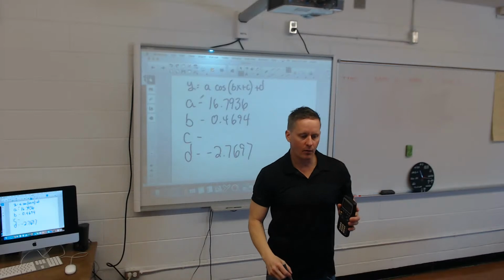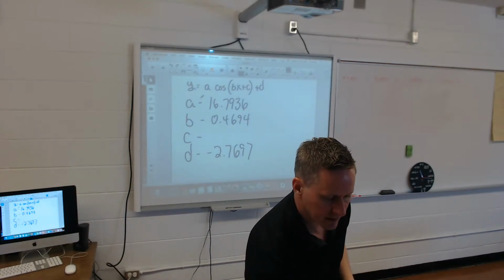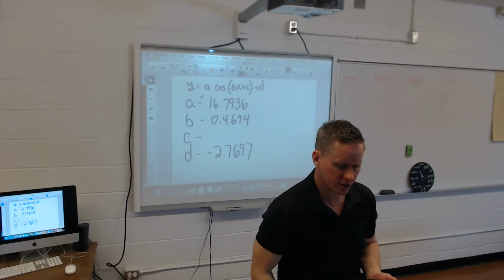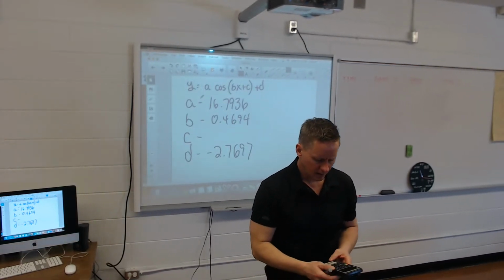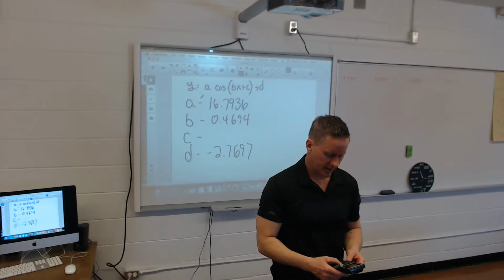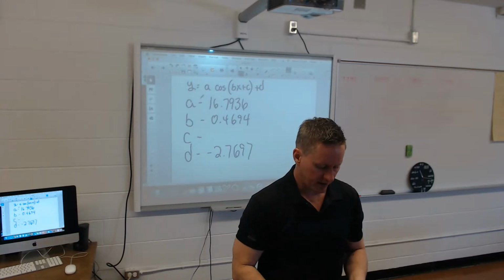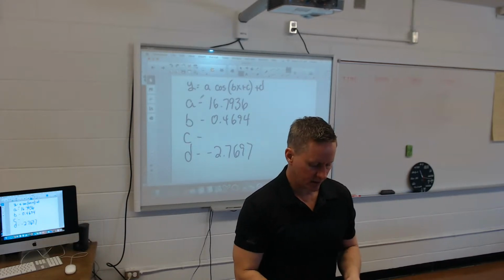This is different than what we did in the applied math. Okay, so this is different than the applied in that we are going to actually calculate using Zoom calculate and then find our maximum value. So let's find our maximum value using Zoom trace.